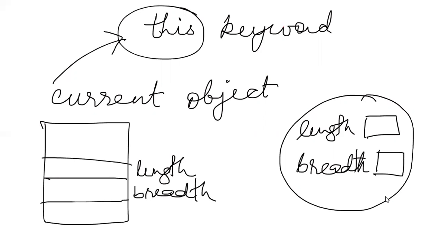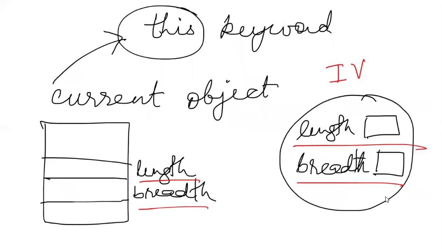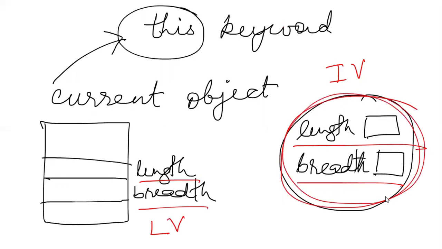So what we have here, these two are for the instance variables, whereas these two are for your local variables of the method. These two will exist as long as the object is present, and these two will exist as long as your method or the constructor is executing.